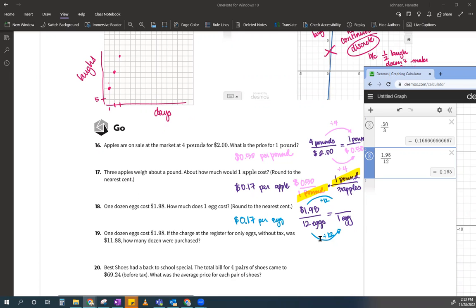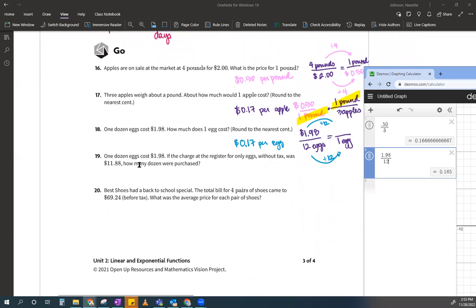It's pretty interesting, right? Next one says 1 dozen eggs cost $1.98. If the charge at the register for only eggs without tax was $11.88, how many dozens were purchased? Okay, so it's $1.98 for 1 dozen.